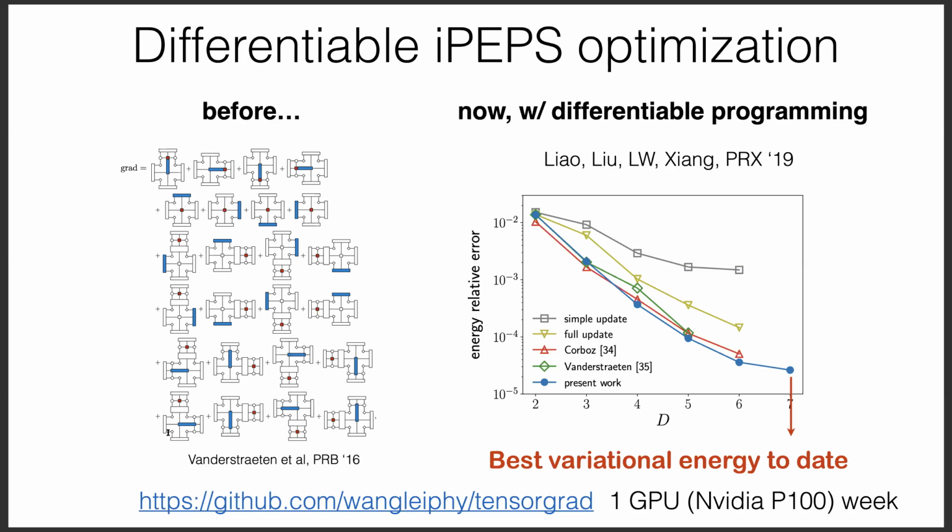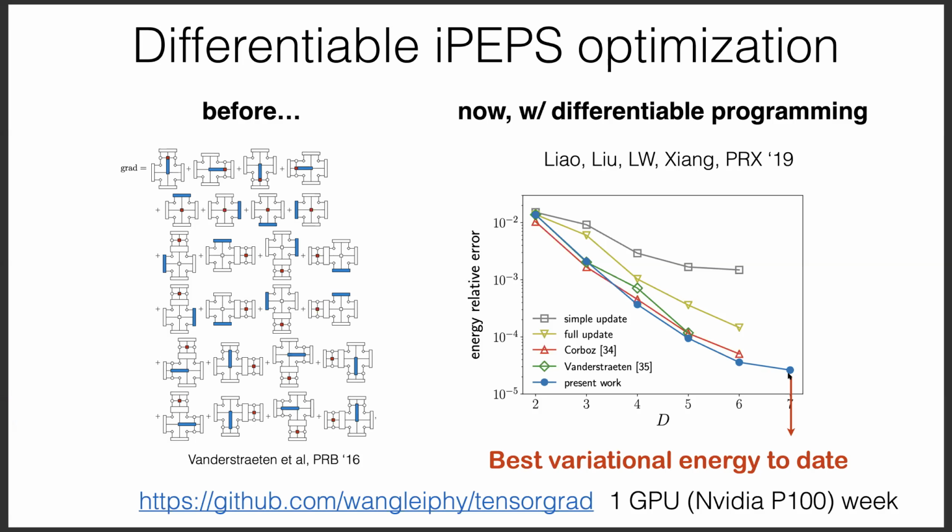So this complication inhibits its broader application in more challenging and complicated problems. But now with differentiable programming, you basically contract the tensor network for energy density and compute the gradient, then run the optimization.